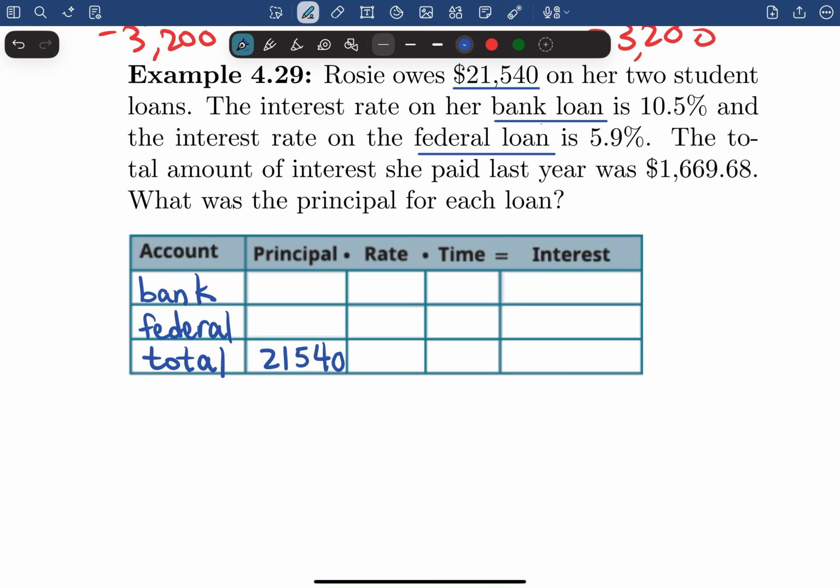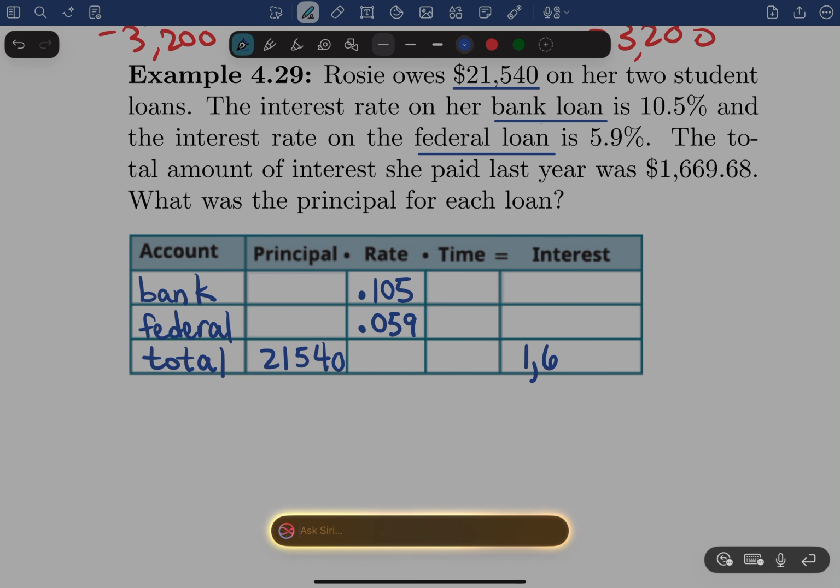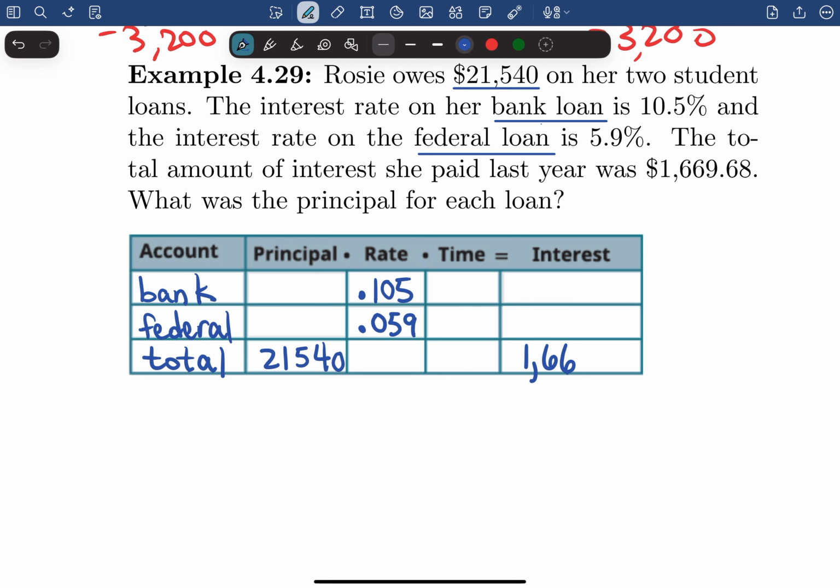Like the bank loaned her at a rate of 10.5%, so I'll put 0.105 for the bank rate. And the federal rate was much better. It was only 0.059. She should have gotten all federal loans instead of bank loans, huh? The total amount of interest she paid last year was $1,669.68. That's where this goes. This goes right here. That's the total interest paid. Okay.